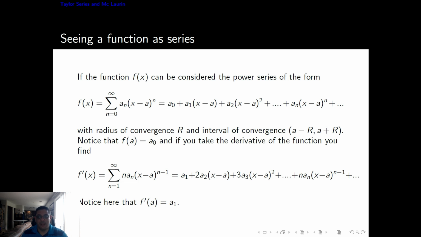So for example, if f of x is this power series, clearly when I plug in a here, this is going to make 0 most of the terms. And so we're going to have that f of a is just going to be the first term a0. Now if we do the first derivative, then my new first term is going to be the term a1, and when I plug in a for f prime, I'm going to have that f prime of a is a1.